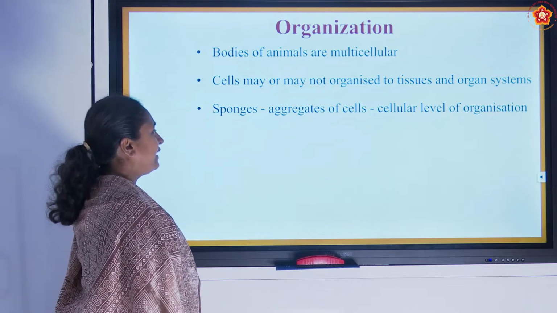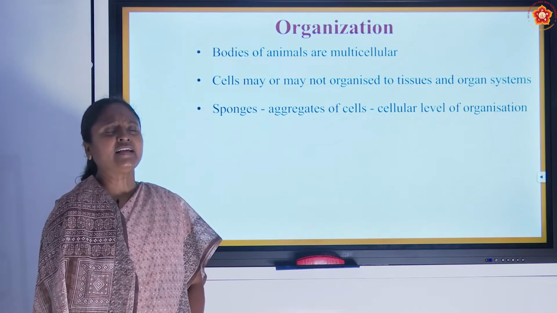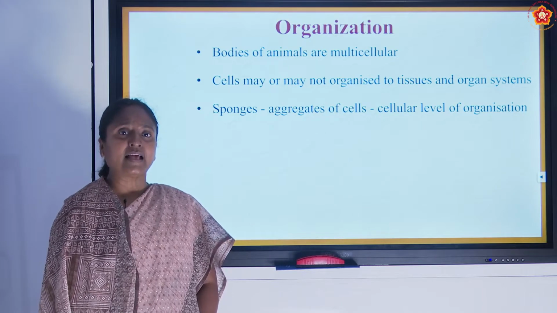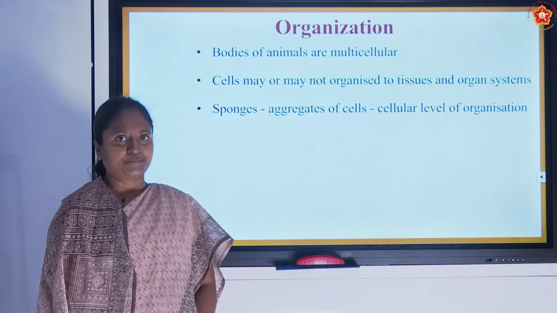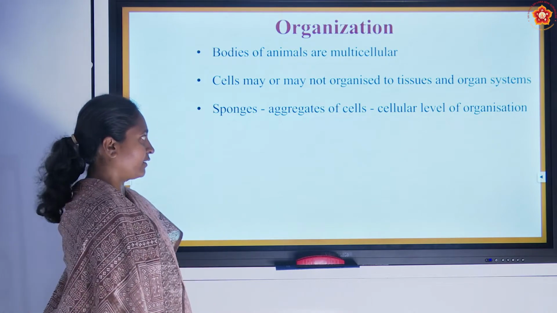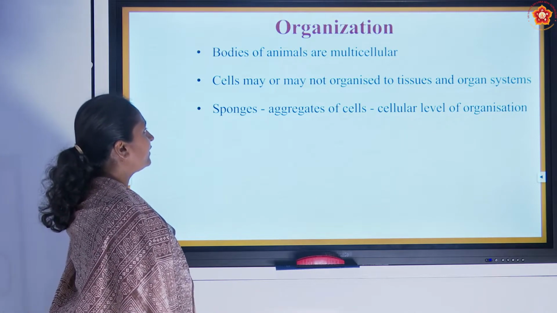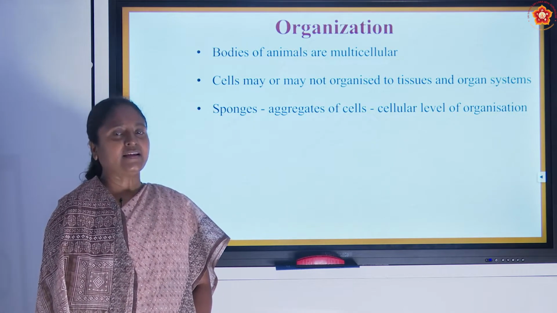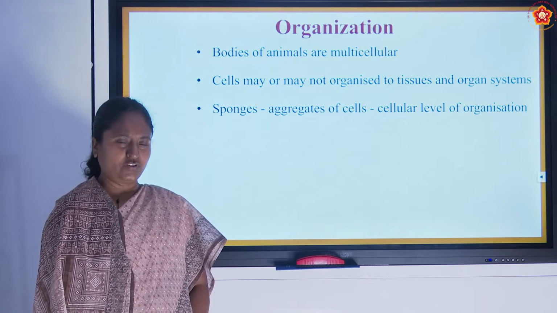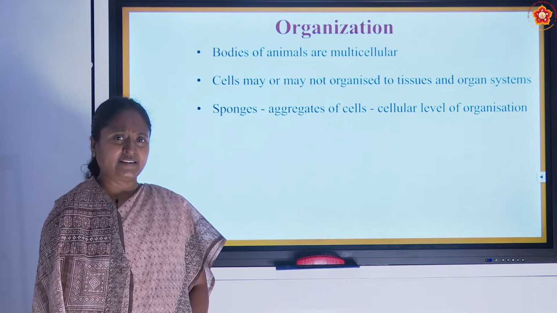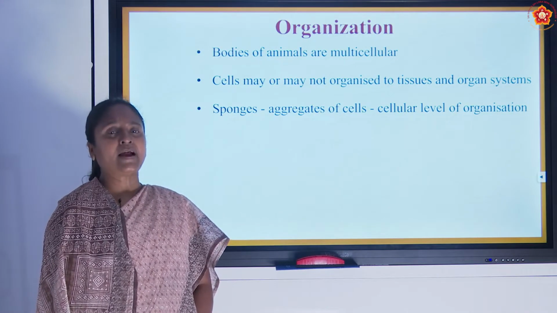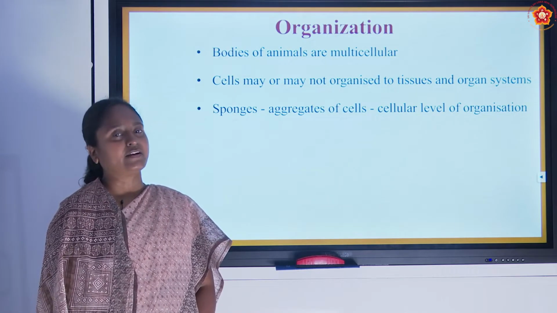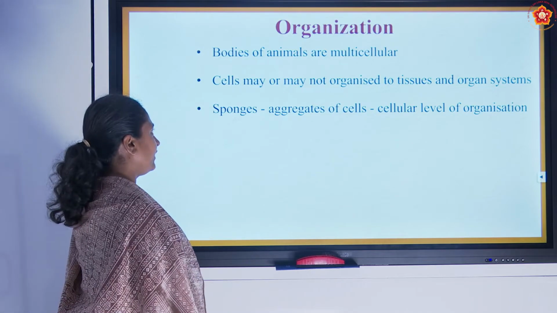For example, in sponges we can see it is an aggregate of cells. So many different kinds of cells are present. Each and every cell is assigned a particular duty, and based on that the organism will work. So here the sponges are classified as cellular level organization. That means each and every cell has a function and performs it distinctly and in a coordinated manner, and these organisms survive because of the cooperative action of all the different kinds of cells the sponges have.